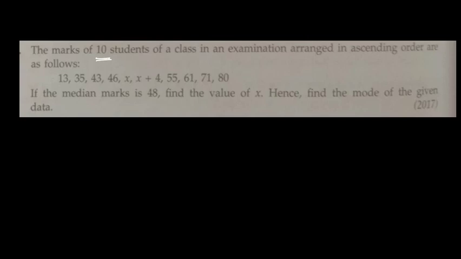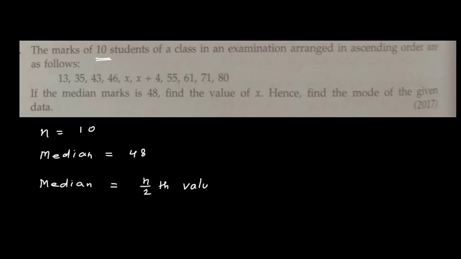Here n is given 10 and median is also given, 48. We know what median is. Write the formula: median is the n divided by 2th value plus the n divided by 2 plus 1th value, and whole divided by 2.